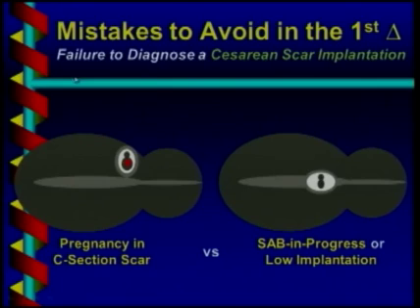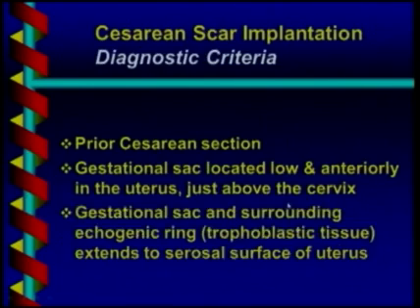This one is an urgent situation because pregnancy in a Cesarean section scar that's all the way up into it and up to the serosal surface can lead to uterine rupture as it grows. So it is a very different situation than a spontaneous abortion in progress or low implantation.